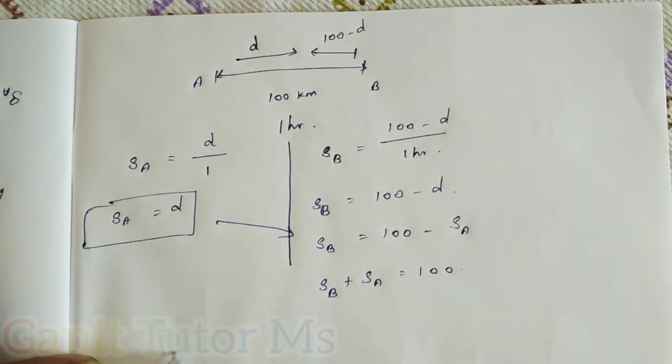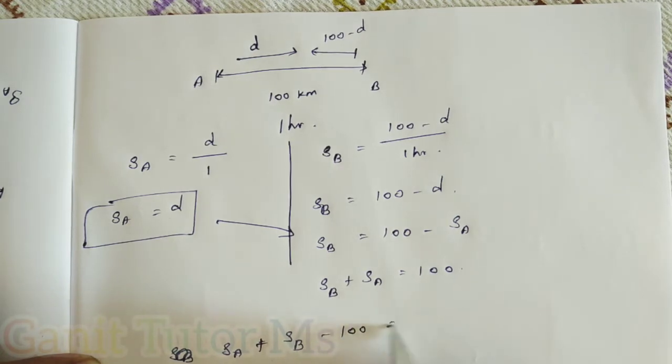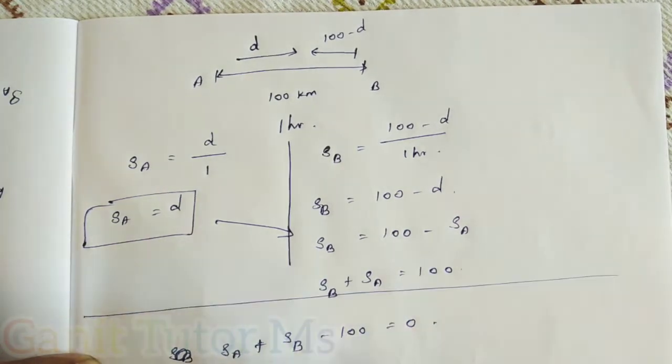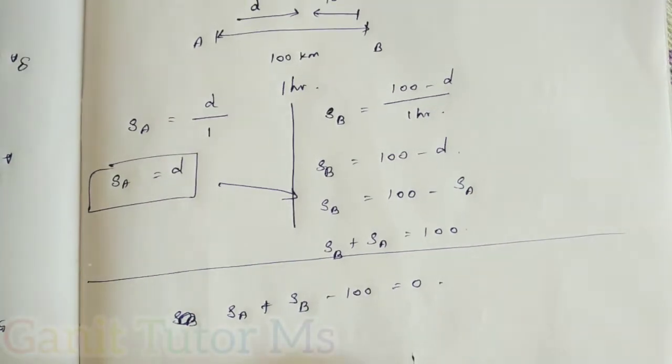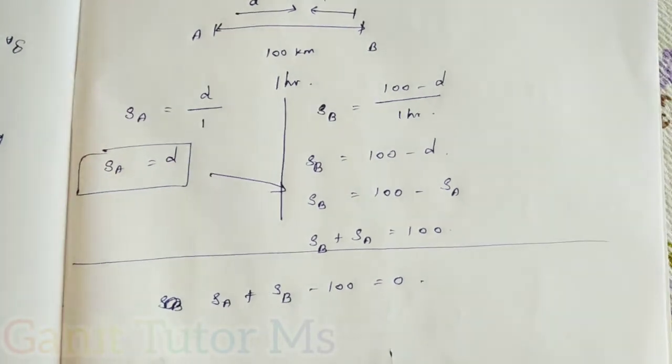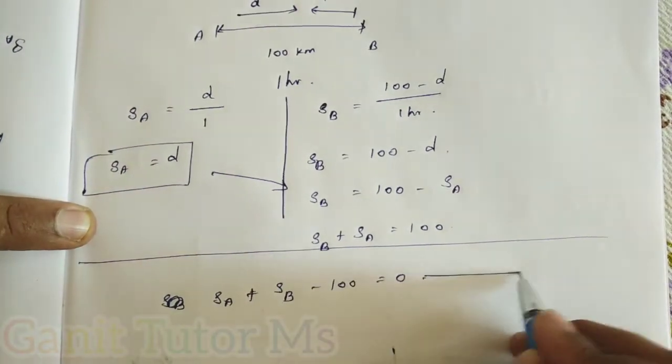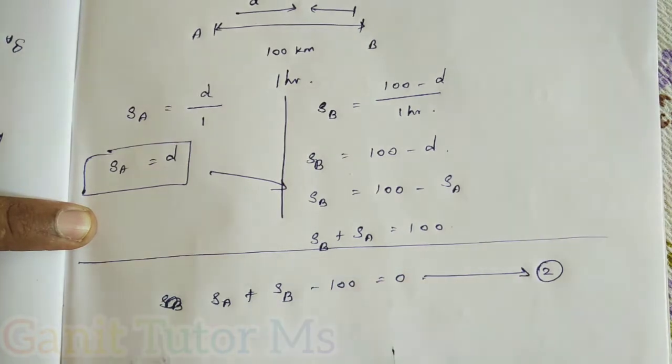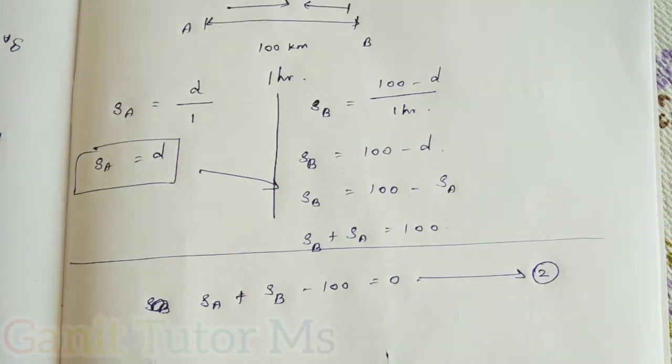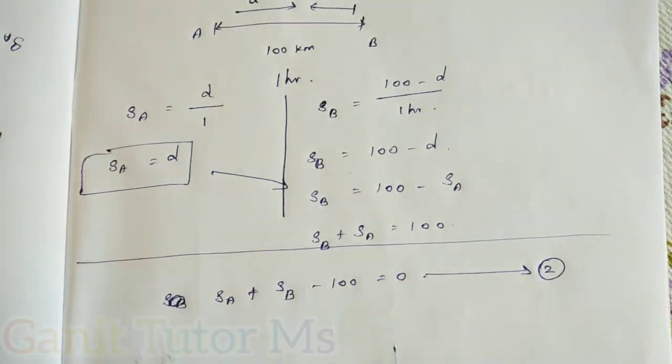So, next step as usual, SA plus SB minus 100 equal to 0. I just simply rearranged the terms. Clear? SA should be first, second SB, minus constant term equal to 0. Now we can mark it as equation number 2. So, from the second condition, we found equation number 2.